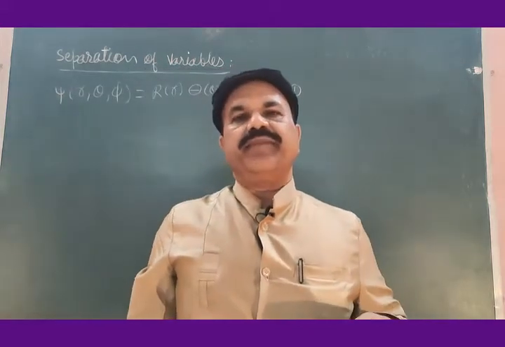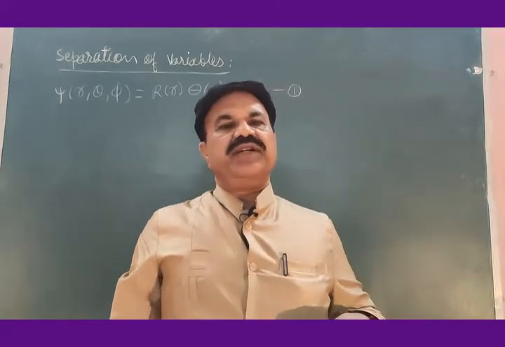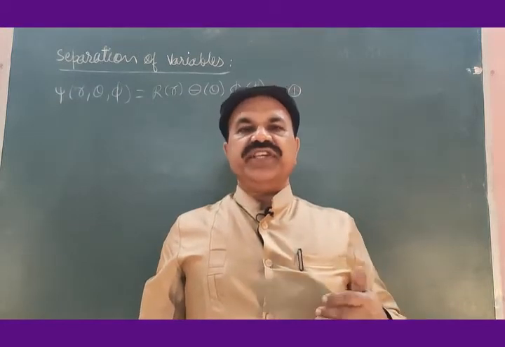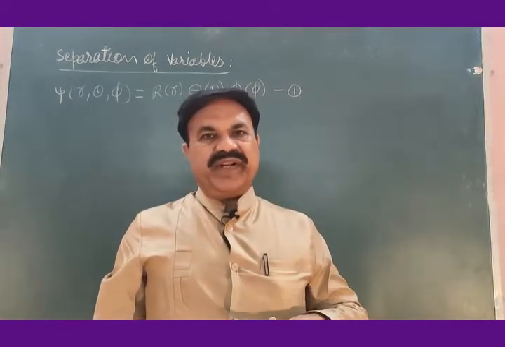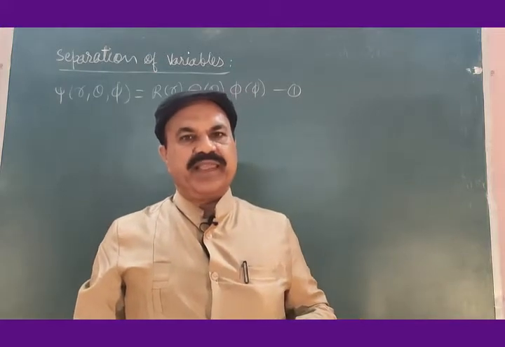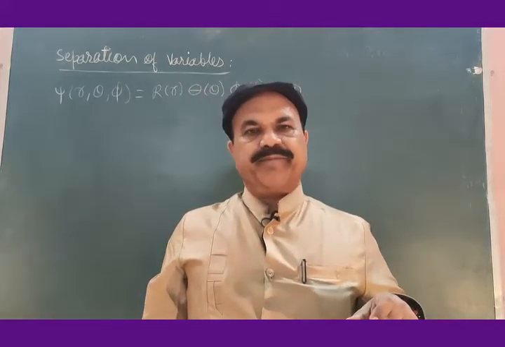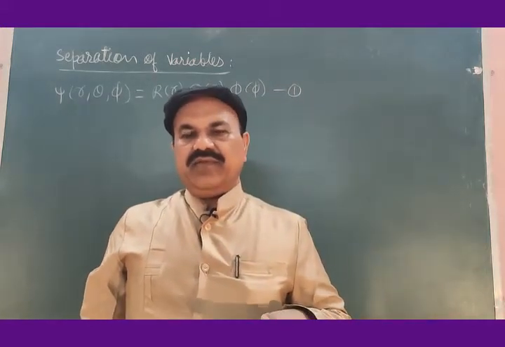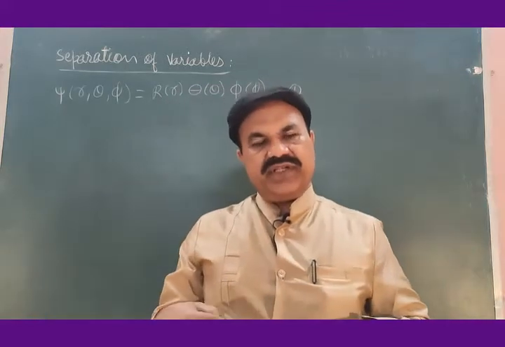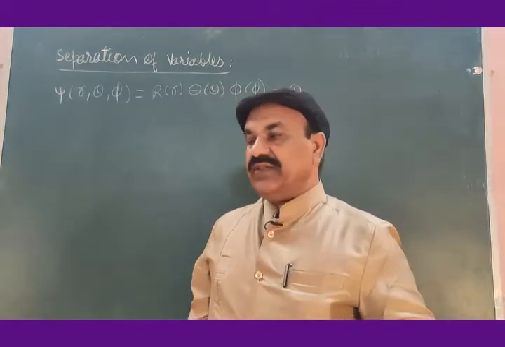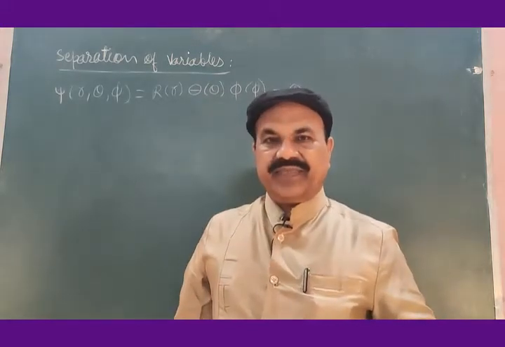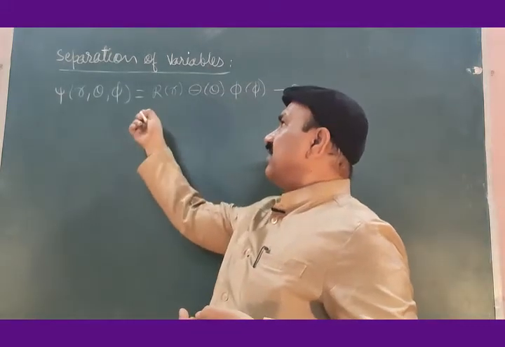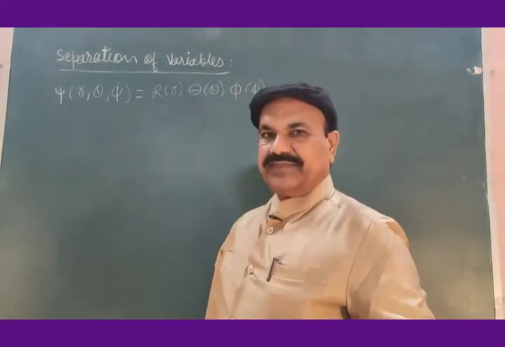The reason for writing Schrodinger equation of hydrogen atom in the form shown in the last lecture is that this form is easy to separate into three different equations. Each equation will be involving a single coordinate. We want the wave function psi of r theta phi to be the product of three independent variables, R of r, theta of theta, phi of phi.